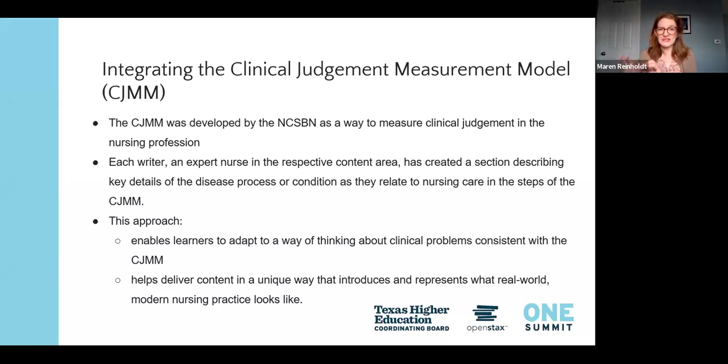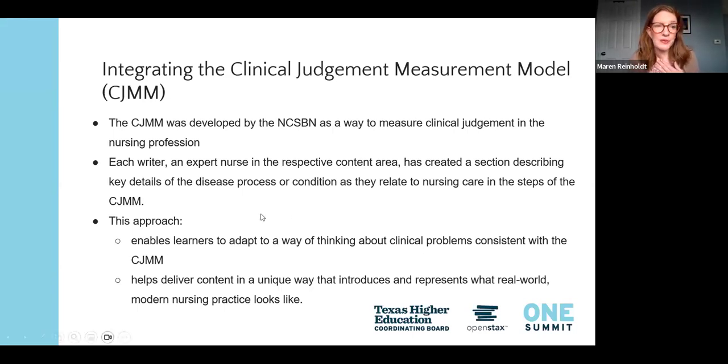And then a third section on evaluating outcomes. Then each writer, who was a nurse expert in each respective content area, created the section describing key details of the disease process or condition and relating them to the nursing care and the steps of the CJMM.